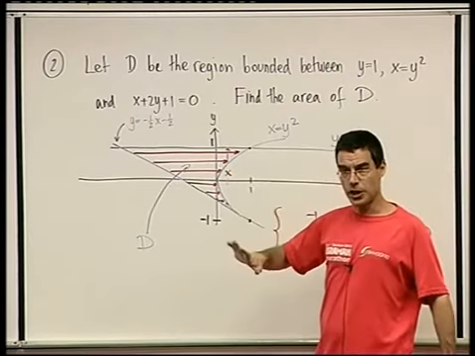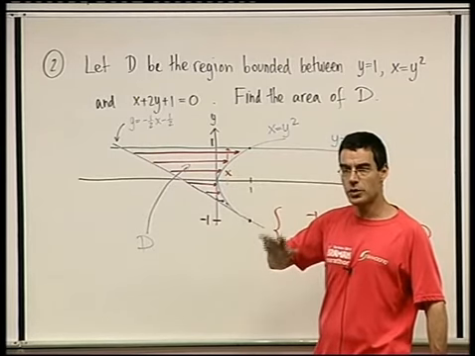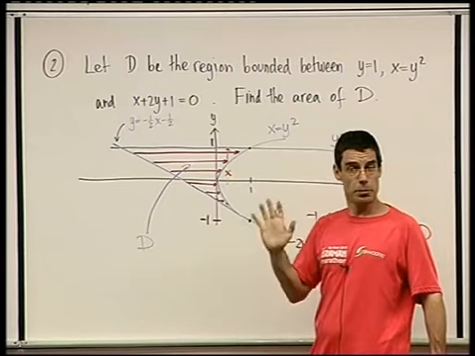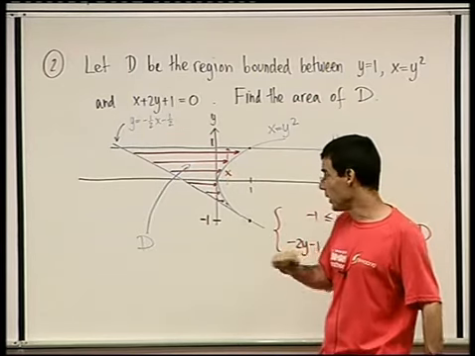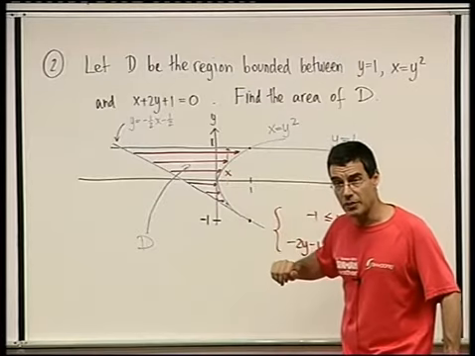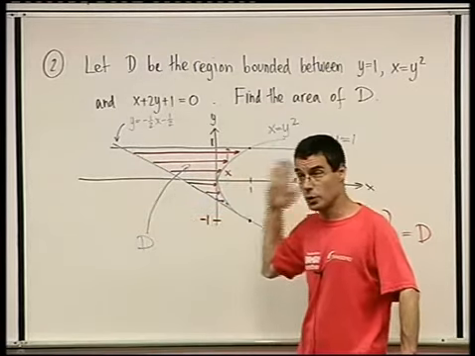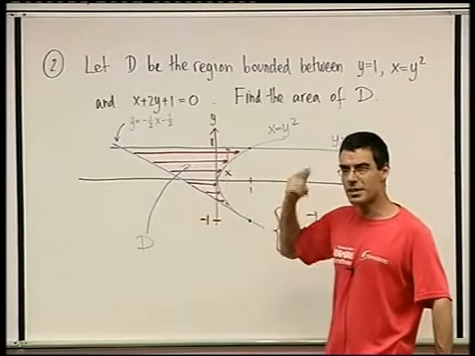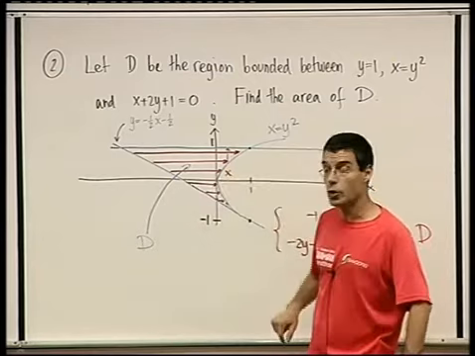Think of the constant function f(x,y) equals 1. That's a perfectly legitimate two-variable function. Do you agree? f(x,y) equals 1. Where would be the graph of that function? It would be just up here. Do you agree? What's the double integral of the function 1 over the domain D?